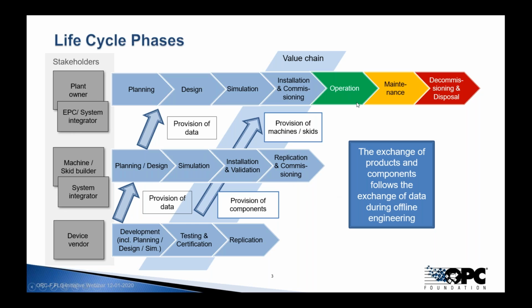And what you see on the right side is what is called the value chain. This is where the components get delivered from one location to another, then get assembled together and finally get commissioned in the plant. But it's important to know that this hardware provisioning, this supply chain, is not the only supply chain that exists. This is maybe the most visible one.